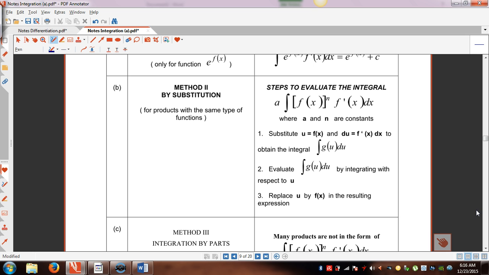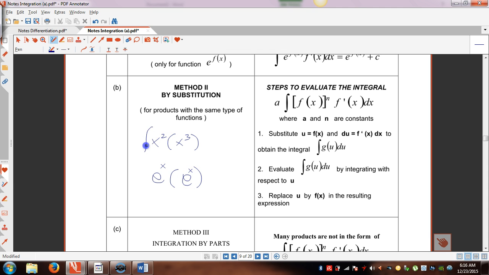We have to make sure the function covered by the substitution method is just a product of the same type of function. For example, if we have x squared, make sure the other product is x cubed, for example. If we have exponent power of x, the other product should be exponent power of x.